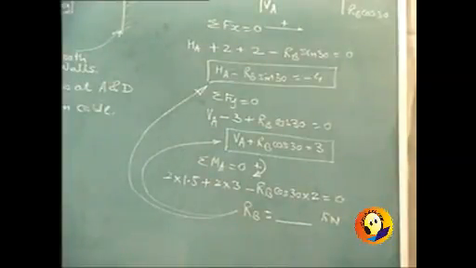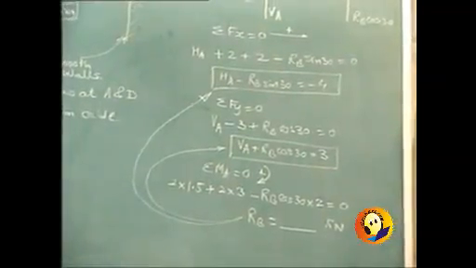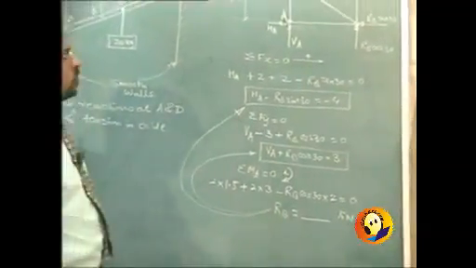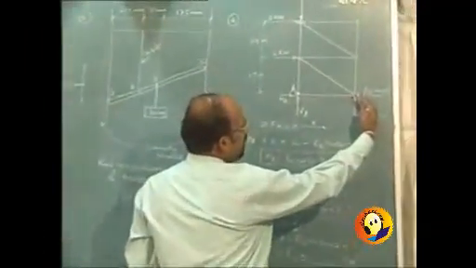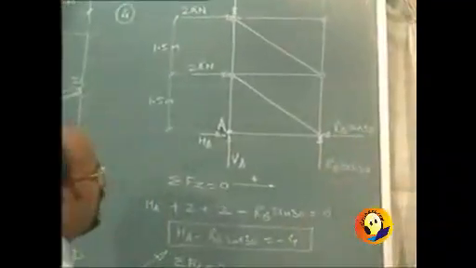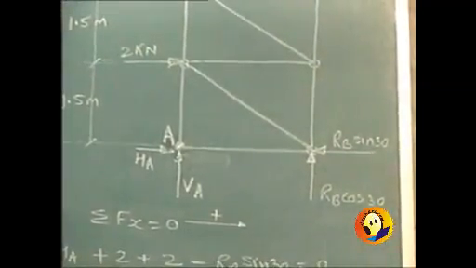We are required to find the reactions. Remember that we have replaced the roller by the reaction which is perpendicular to the surface, and that angle was known to us, so that inclined reaction which we got, RB, which was making 30 degrees with vertical, is also converted into horizontal and vertical components, so that we can get the required answers.